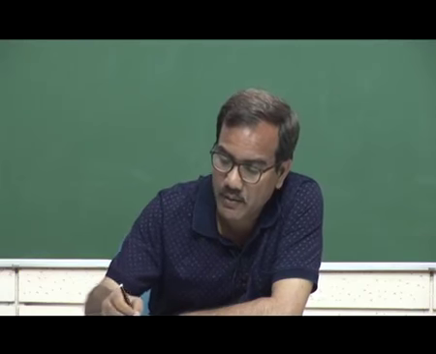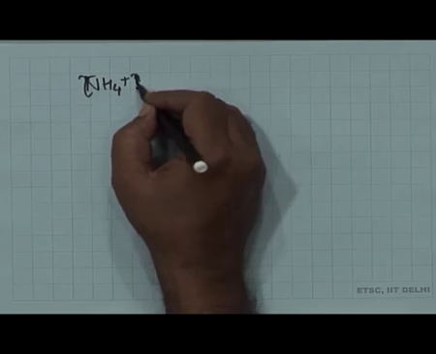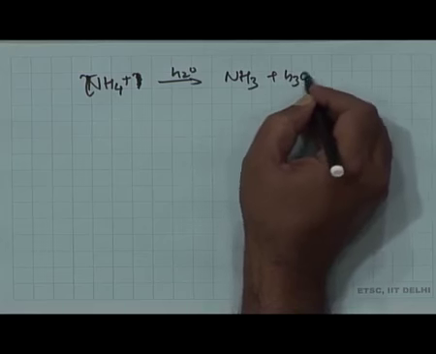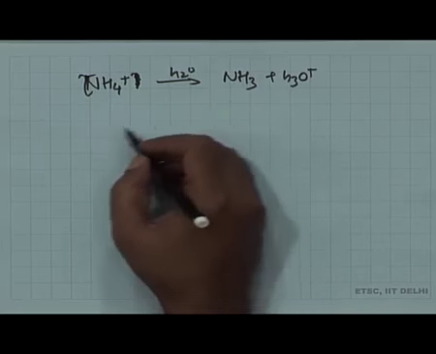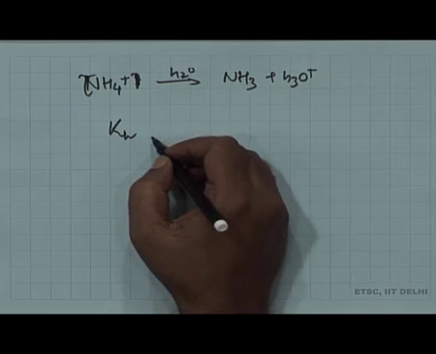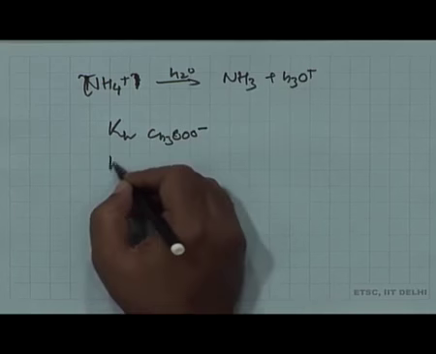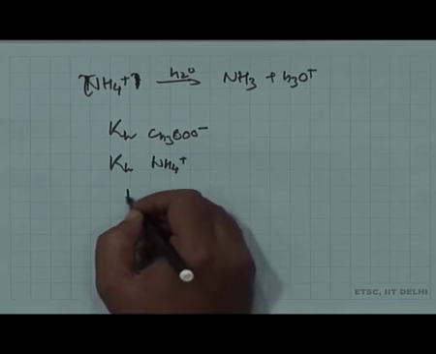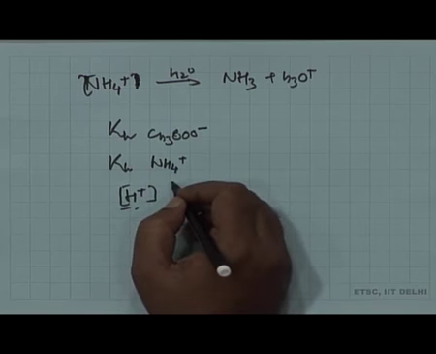When ammonium ion will hydrolyze in water, it will give you ammonia plus H3O plus. So, based on that, again you can write Kh for your acetate ion and Kh for your ammonium ion, and then finally you can calculate H plus ion the way I have done for other salts. So, thank you.